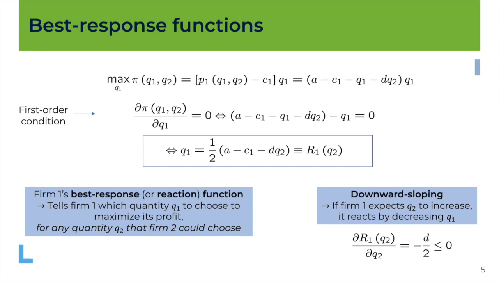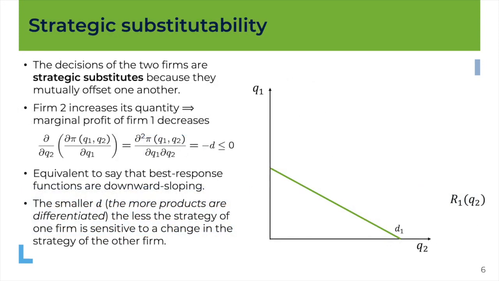In a sense, the quantities, these strategies here, are moving in opposite directions. And this is why we talk of strategic substitutability. If you remember, the prices in the price competition game were strategic complements. Here it is the opposite. The decisions of the two firms are strategic substitutes because they mutually offset one another.